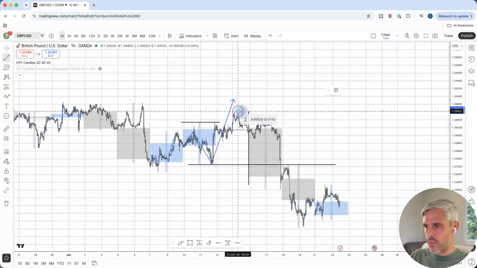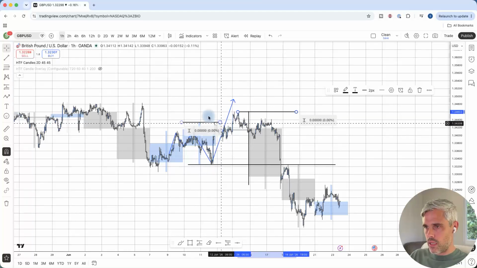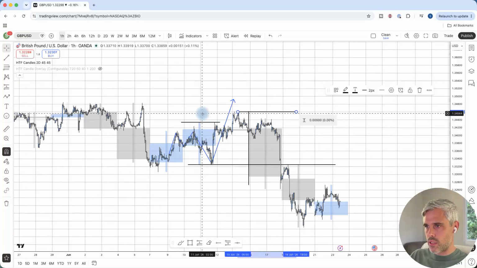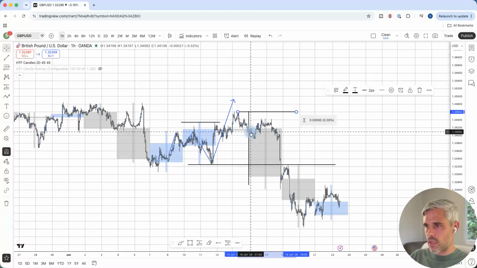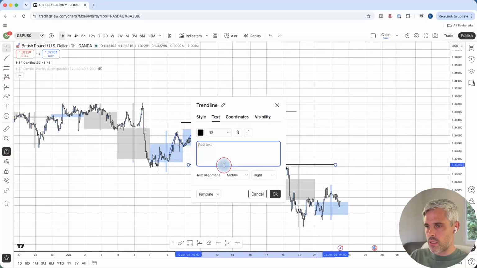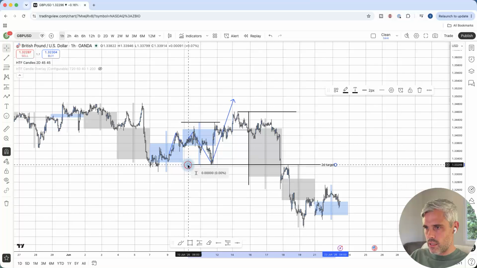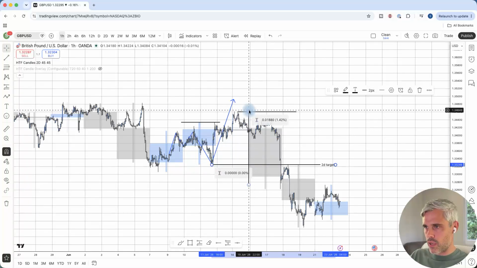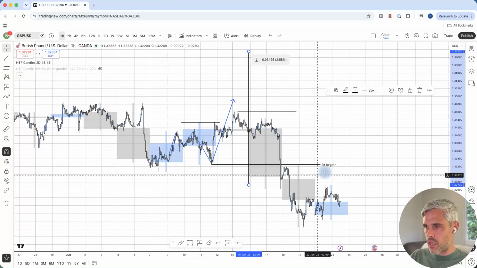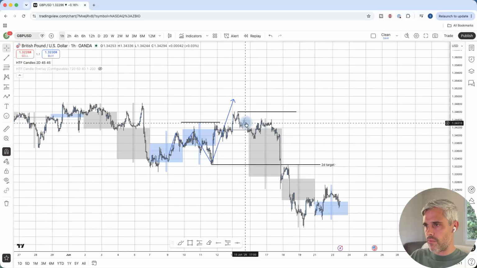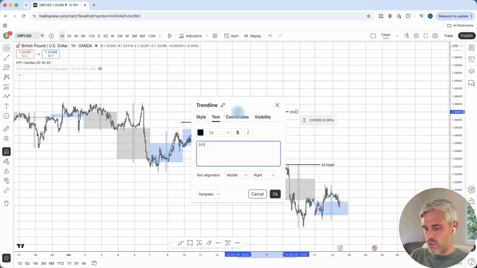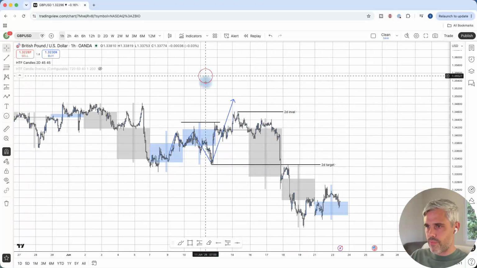It has manipulated here. It's raided the liquidity at this high. We're now seeing a close inside the range, so this now becomes our 2-day target. As soon as we get this close, price on the 2-day time frame is targeting this level here, and this becomes our 2-day invalidation level.